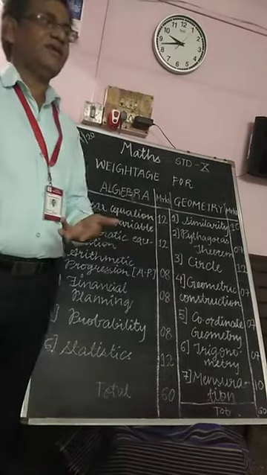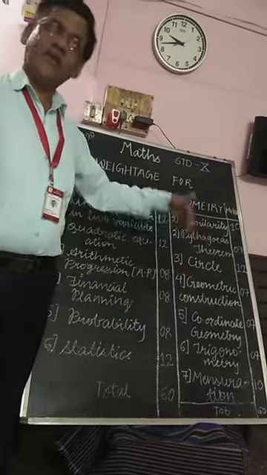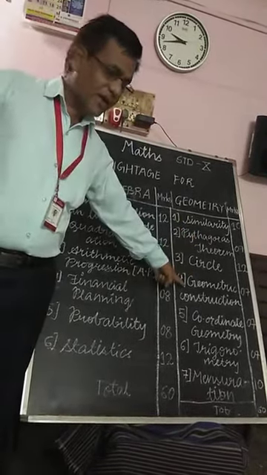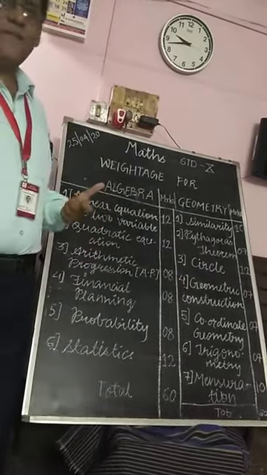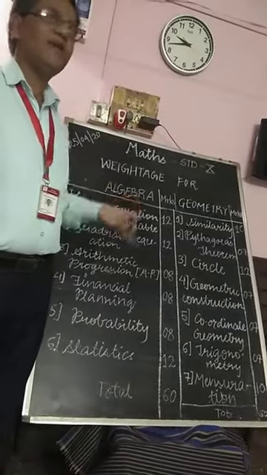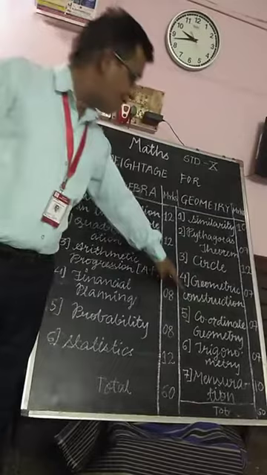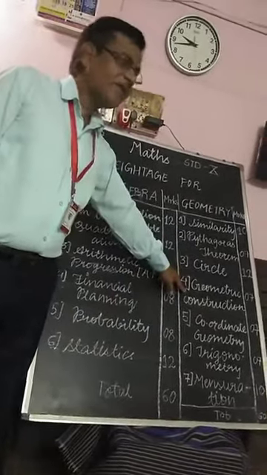The second is to draw the tangent to the circle at a given point on the circle without using the center. And the third is to draw the tangent to the circle using the center, but the point is not on the circle, it is outside the circle. And then you have to draw similar triangles.